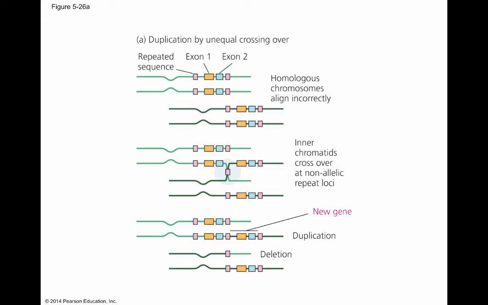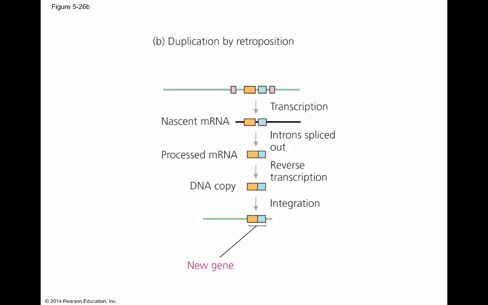So having two copies of one ancestral gene can allow improved function. And these are some of the most important mutations that we have.